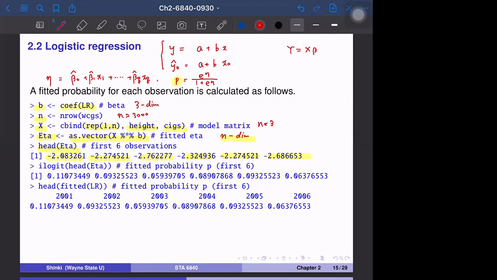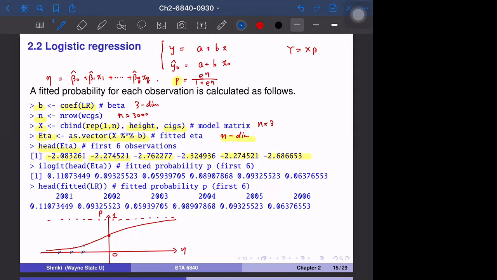Remember that P is a transformed version of eta, and the relationship between eta and P has this shape. P is always between 0 and 1, and P is equal to 0.5 if eta is equal to 0. Most estimated etas are around -2 or -2.7 or something, so most points are around here.